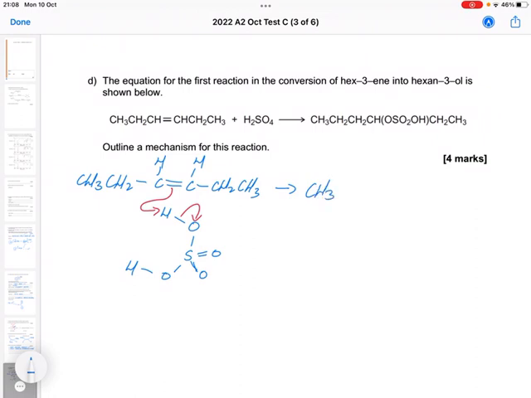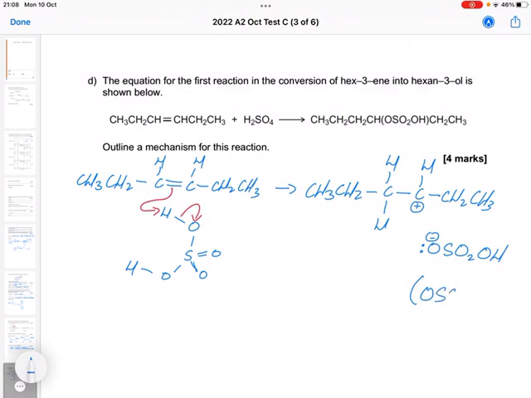So CH3, CH2, CH. So if I put the hydrogen on here, plus CH2, CH3. And what I'll do now is I'll do the OSO2OH with the lone pair and the minus sign on here. You cannot do this OSO3H.